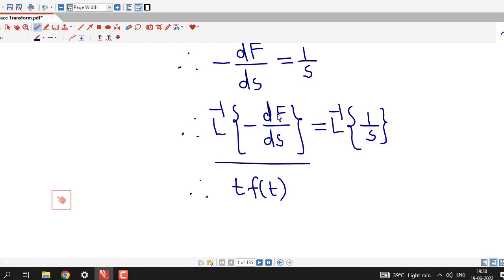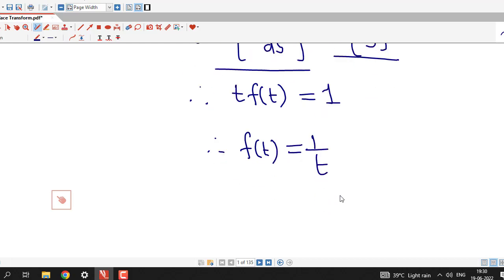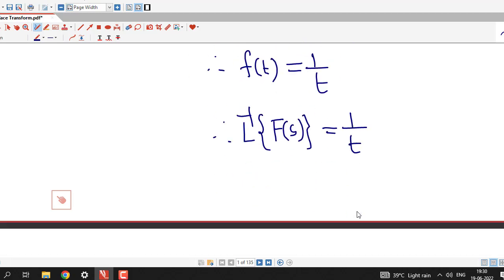Therefore the inverse Laplace transform of minus dF by ds equals t into f of t, and the inverse Laplace transform of 1 by s is 1. Therefore f of t equals 1 by t, and f of t is nothing but the inverse Laplace transform of capital F of s. So we have obtained the inverse Laplace transform of the given function, and now we substitute capital F of s equal to log of 1 by s.